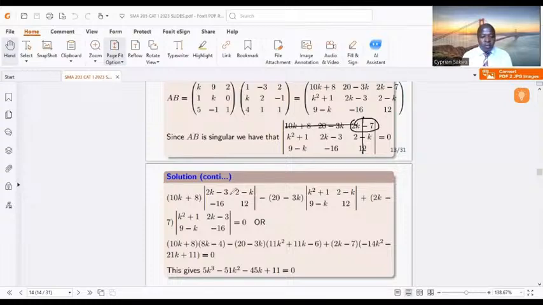Equate that to 0. But of course, we can get the determinant. We know how to get the determinant. When I multiply this diagonal, I get 24K minus 36. I'm getting the determinant of this matrix. So this is 24k minus 36. What about this? It is minus, into minus 16 multiplied by this, which is 32.